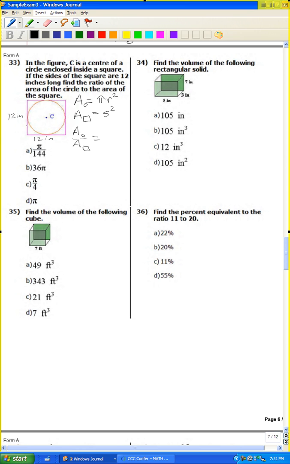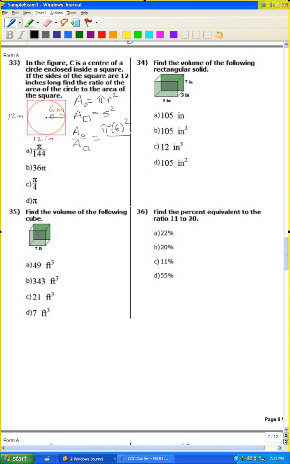Well, if the total distance here is 12, then half this distance here will be 6. Therefore, the area of the circle is just pi times 6 squared.